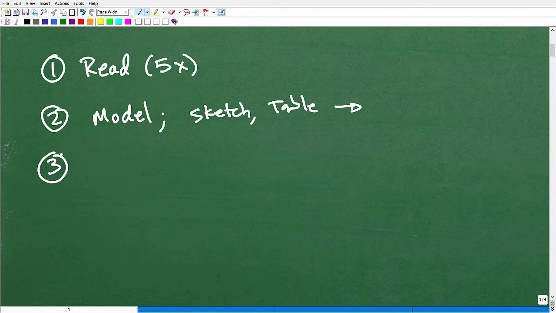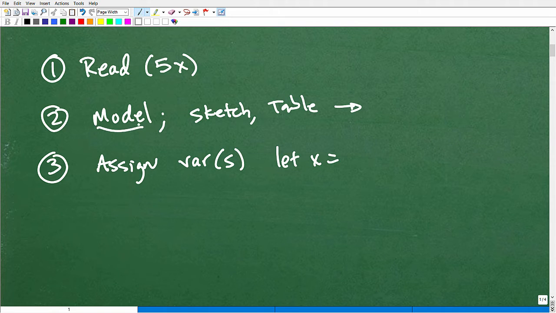The next thing is you want to assign some variables, a variable or variables depending on the situation. In other words, we're going to say, let x equal whatever. It doesn't have to be x, it could be any other variable, but we are talking about algebra here, and algebra involves variables, so we need to decide what our variables are going to represent.